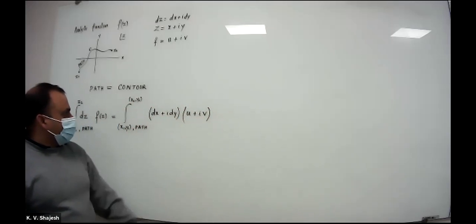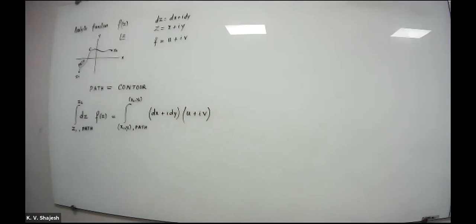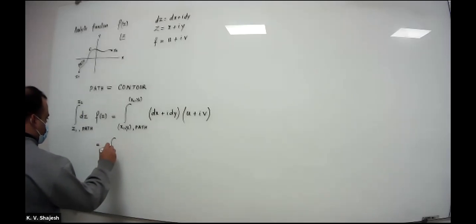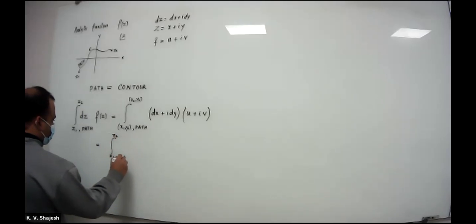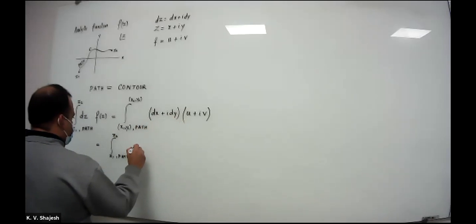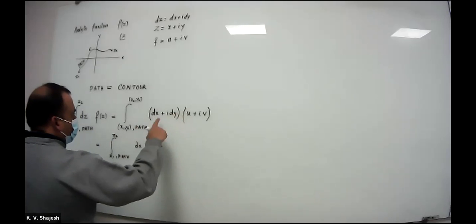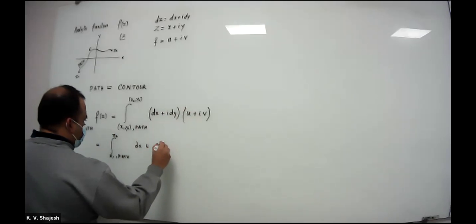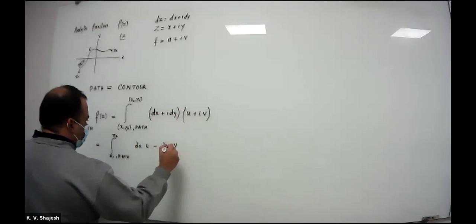There are 4 terms in this. Okay, so let me write those 4 terms. So this is the integral from z1 to z2 of dx times u, right? Dx times u minus dy times v.